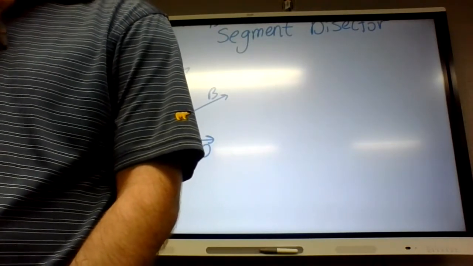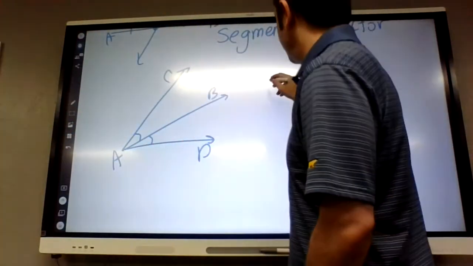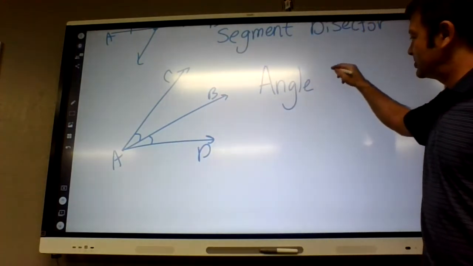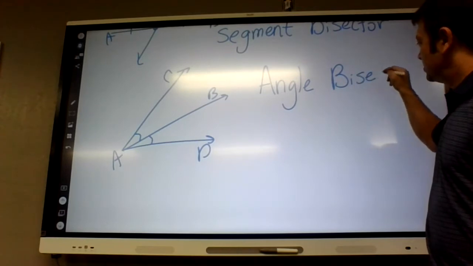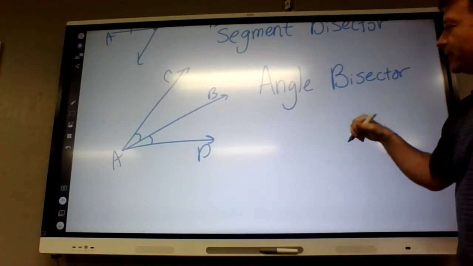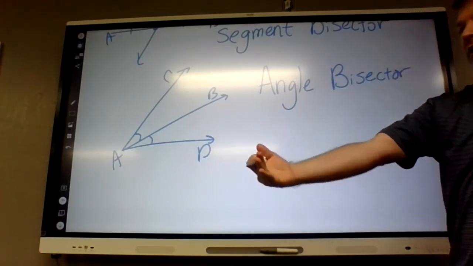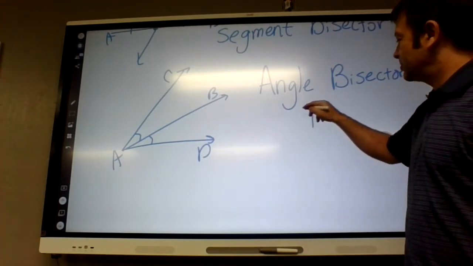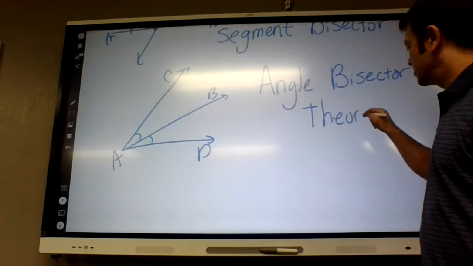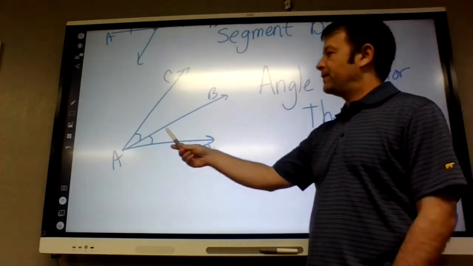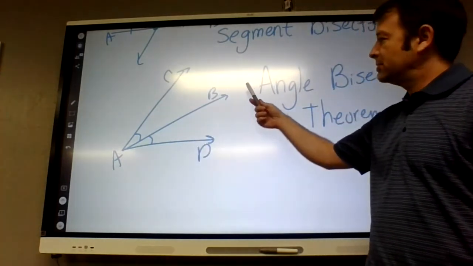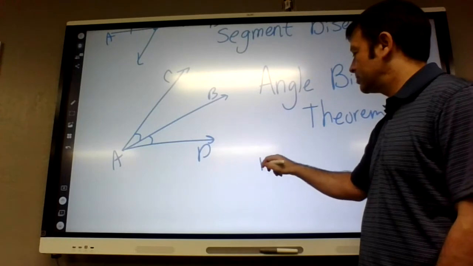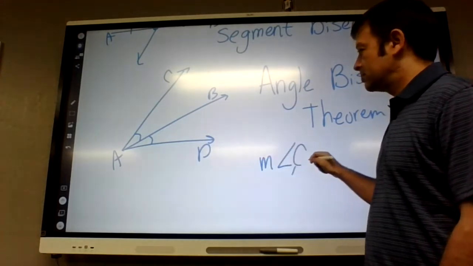And there's an angle bisector theorem. Do you guys remember what I said the midpoint theorem was? If M is the midpoint, then AM is half of AB, the middle is half of the whole. So guess what the angle bisector theorem is? If ray AB is an angle bisector, then what do we know? Angle CAB equals angle BAD.